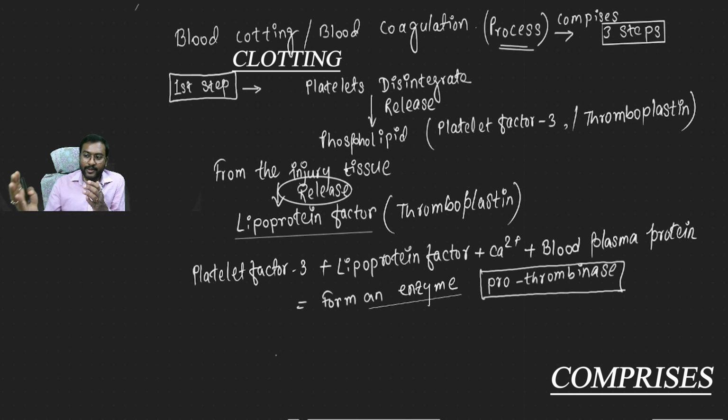These two factors, platelet factor 3 and the lipoprotein factor, combine with calcium ion and another element, the blood plasma protein, to form an enzyme called prothrombinase.